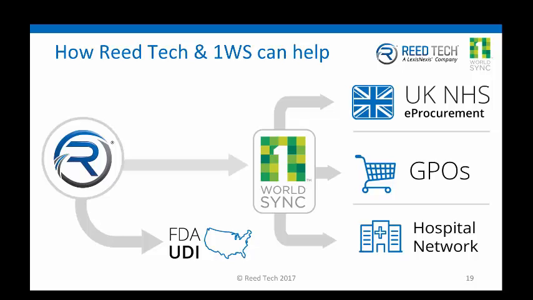So by working together, we look to help you solve those use cases and ultimately get beyond just the regulatory requirement of submitting data to the FDA's GUDID database, and allow that data to flow downstream so it can be incorporated in things like electronic healthcare records and provide more efficiency in processing.